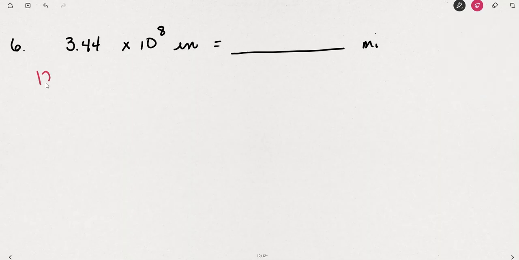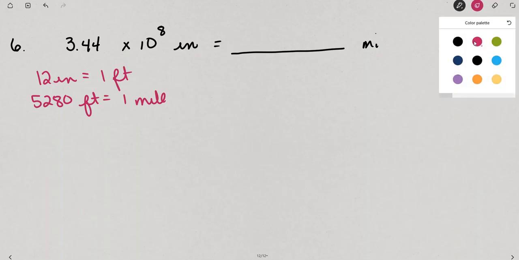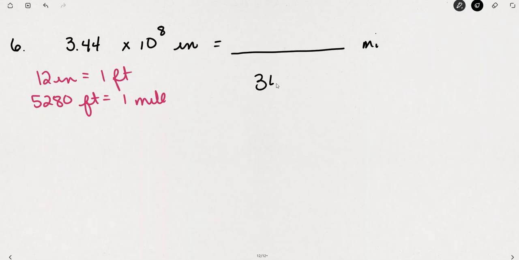We're going to need 12 inches is 1 foot, and 5,280 feet is 1 mile. I'm going to convert this. 3.44 times 10 to the 8th inches. I'll start by writing that over 1.